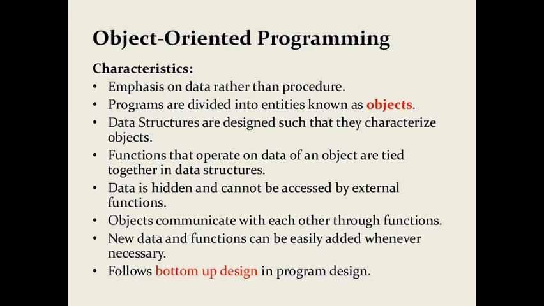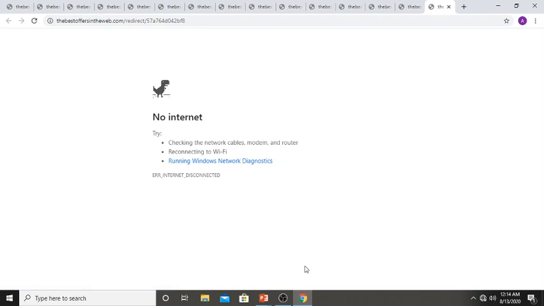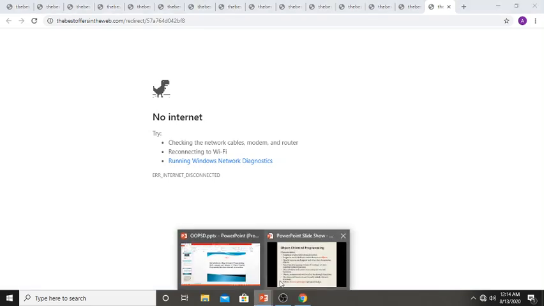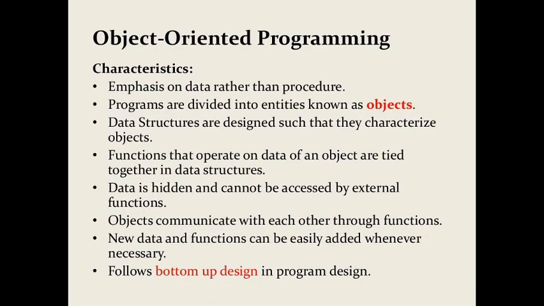We write all the logic, all the functions, all the classes at the top, and the main function, the point from where the compiler starts compiling the program, is at the end, at the bottom of the program.